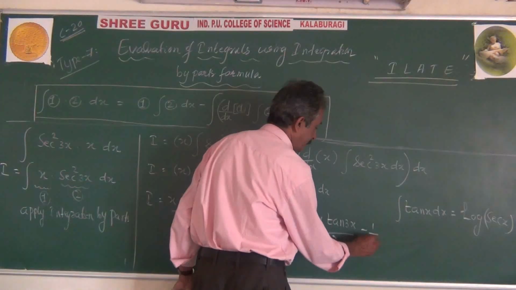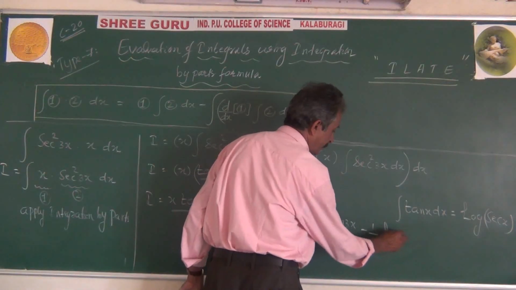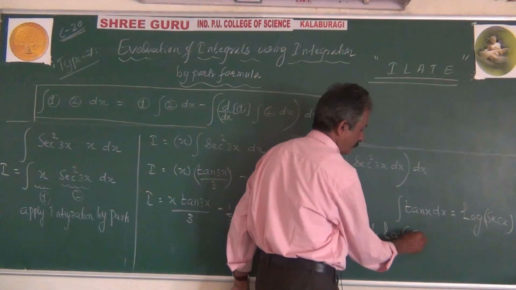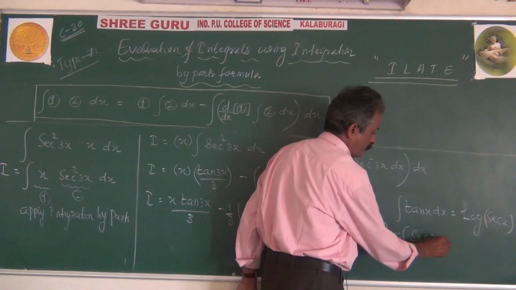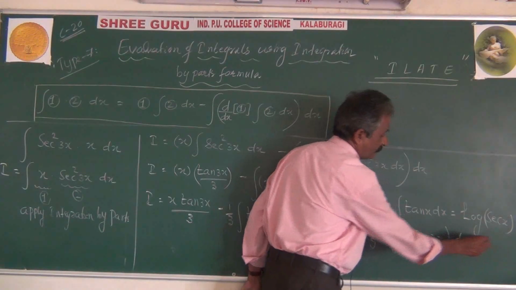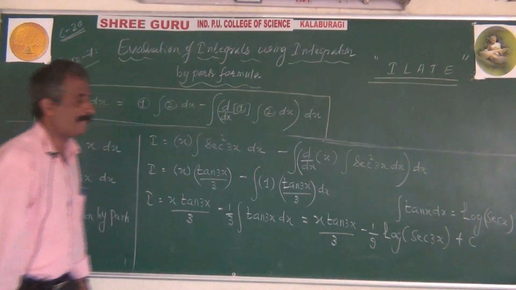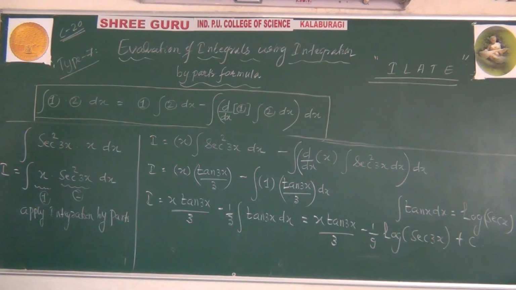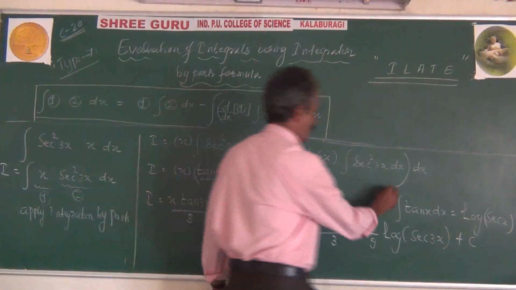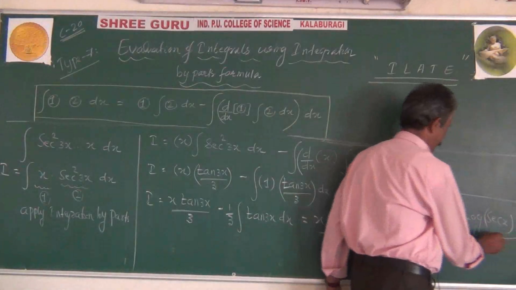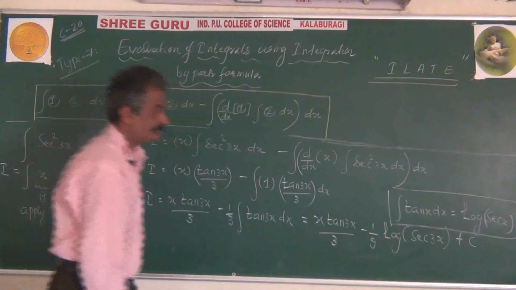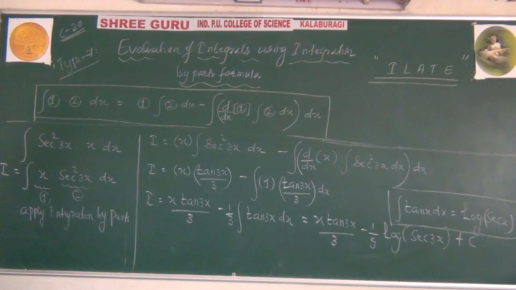Means 1 by 9 log of secant 3x plus constant. Next problem. Find or evaluate.